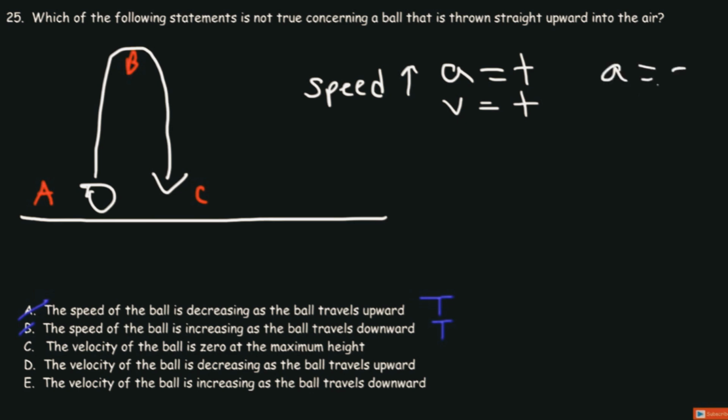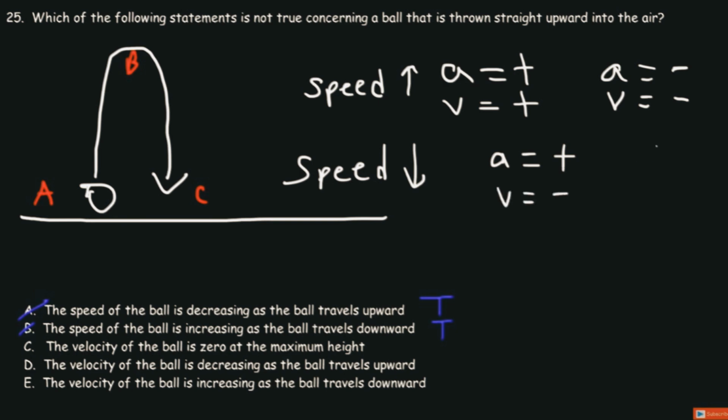Now, the object will slow down if the acceleration and velocity vectors have different signs, either positive and negative or negative and positive. So if the signs are different, it is going to be slowing down.